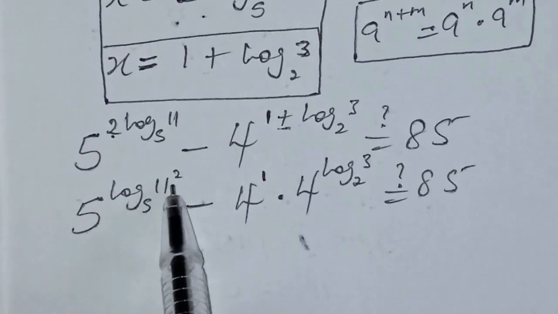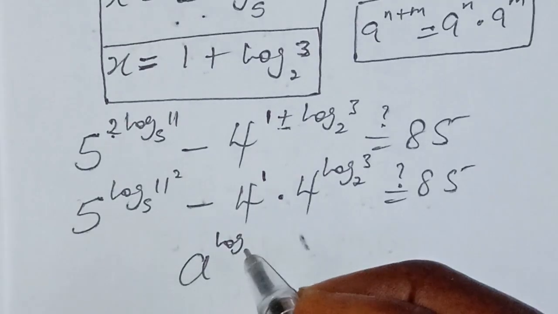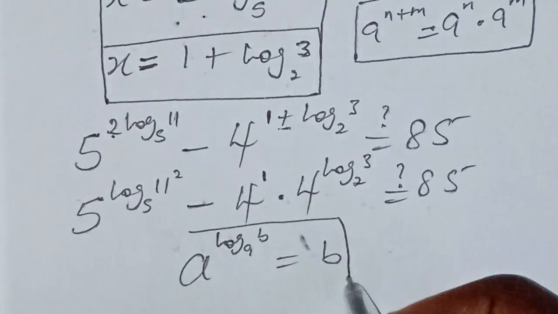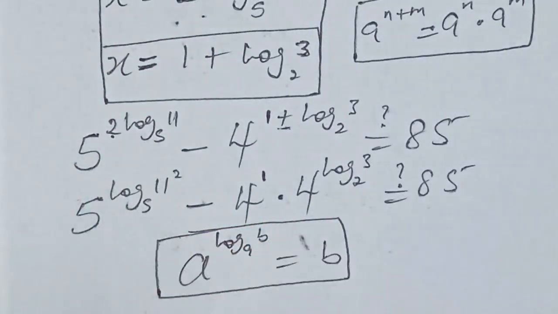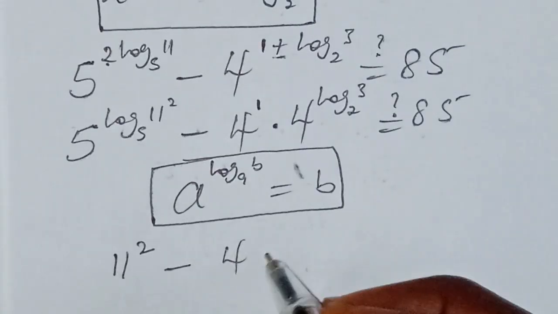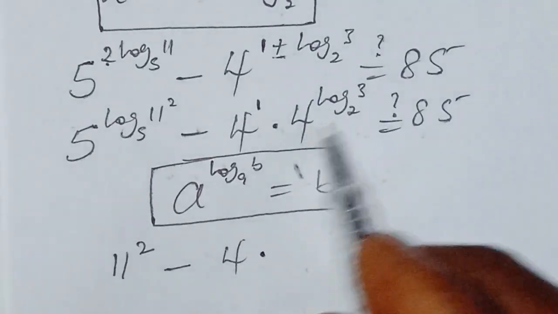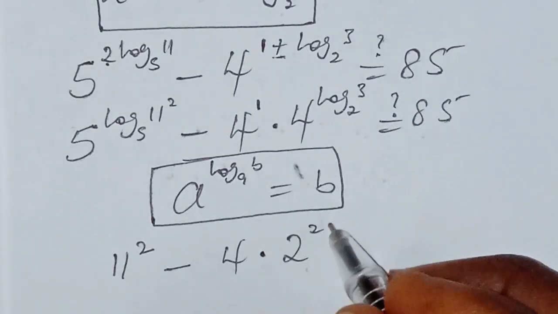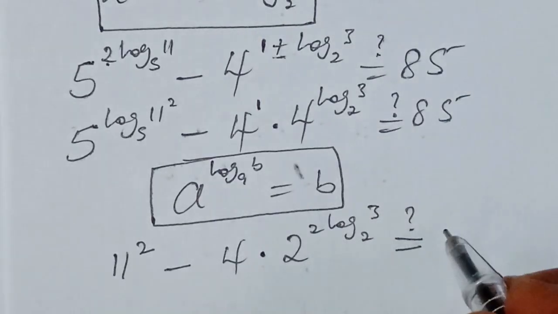So from here, this can be written considering this identity: base a raised to power log base a b can be written as b. So if we consider this, we can use it to express this and this over here. Then this becomes 11 raised to power 2 minus 4. 4 raised to power 1 becomes 4 multiplied by, this can be expressed as 2 raised to power 2, then log base 2 3 equal to 85.